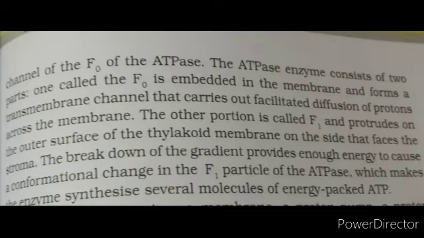One called the F0 is embedded in the membrane and forms a transmembrane channel that carries out facilitated diffusion of protons across the membrane. The other portion is called F1 and protrudes on the outer surface of the thylakoid membrane on the side that faces the stroma.